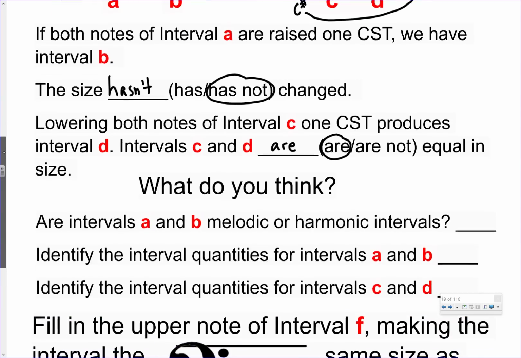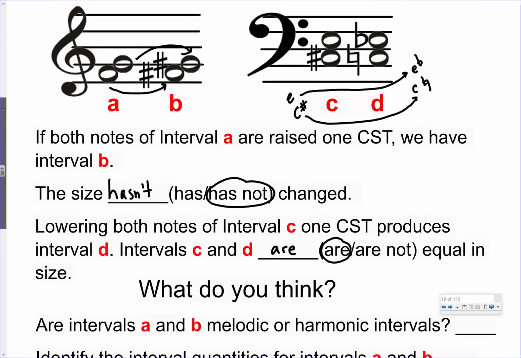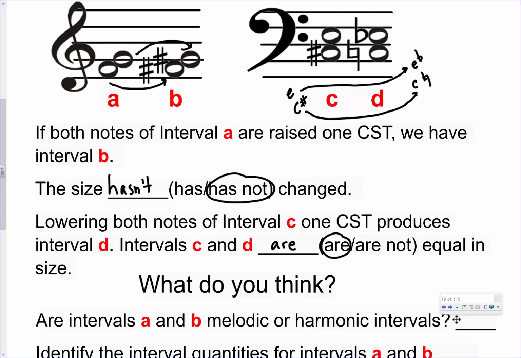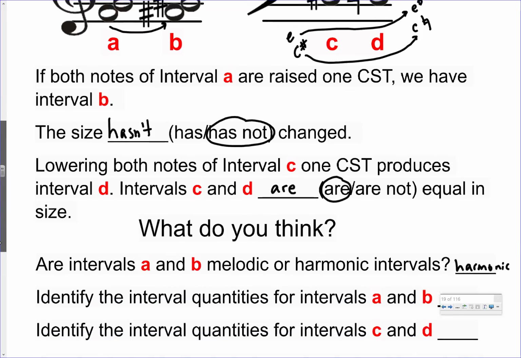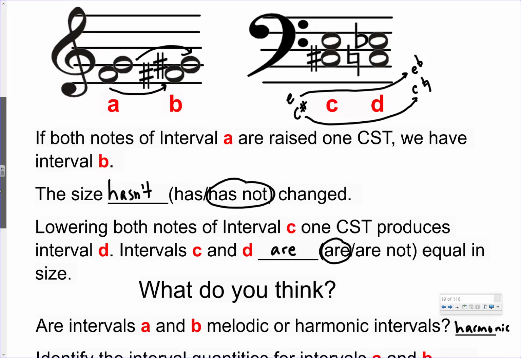Some review questions to think of. Are intervals A and B melodic or harmonic intervals? Hopefully you said harmonic, because they sound simultaneously. Identify the interval quantities for intervals A and B. Let's page back up.